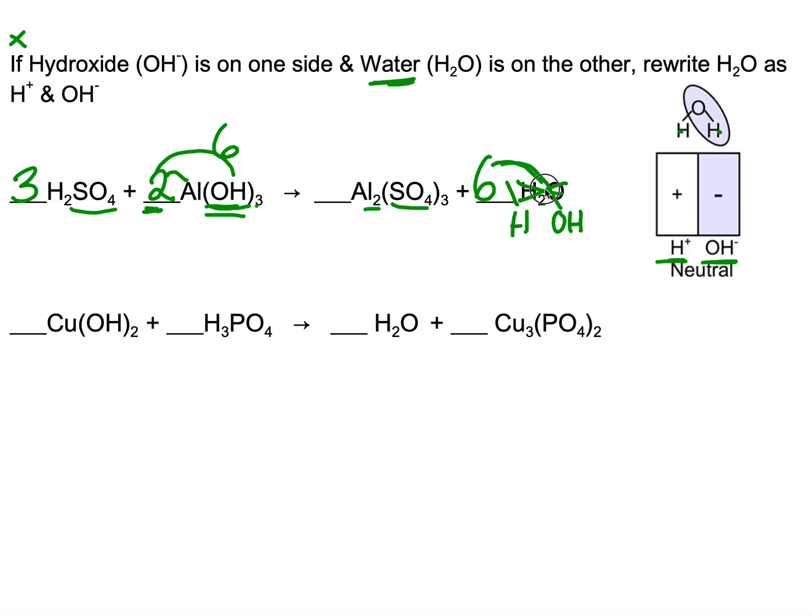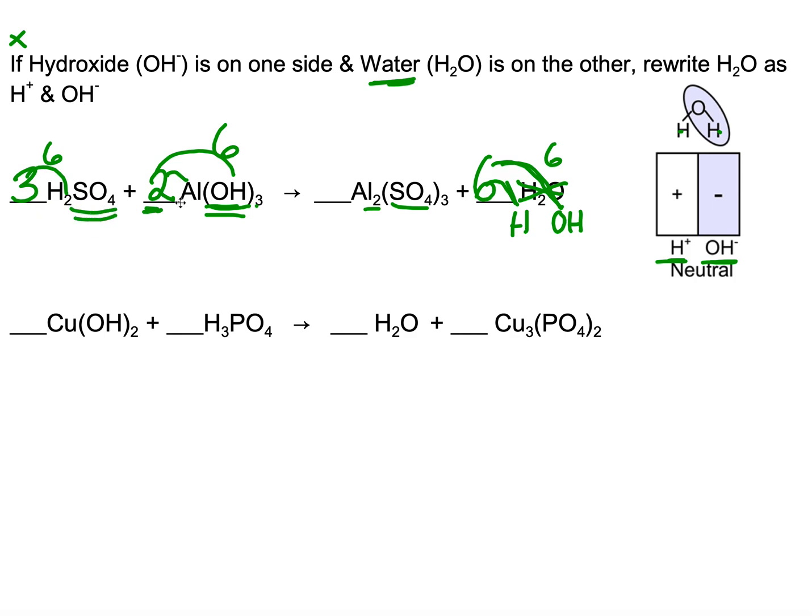So now the 6 goes to the hydroxide. 6 times 1 is 6. That's great. But it also goes to my H, which is awesome. 6 times 1 is the same as 3 times 2. That's 6. So everything is balanced here. All my H's work out.